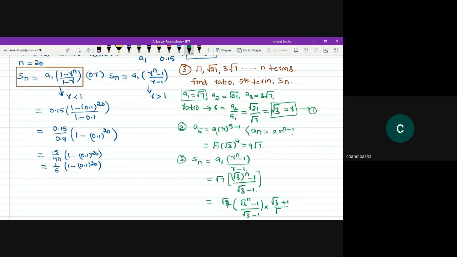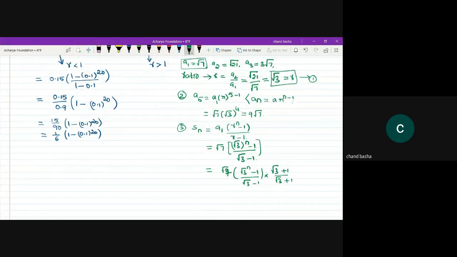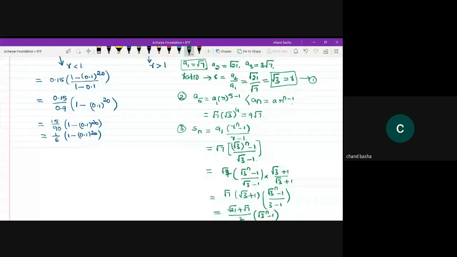Denominator a plus b into a minus b, numerator no change: root 7 into root 3 plus 1 into root 3 whole power n minus 1 divided by 3 minus 1. Is it clear? Now 3 minus 1 means 2. So square root of 21 plus root 7 divided by 2 into root of 3 whole power n minus 1 is the required answer. So based upon the options, you have to reduce.